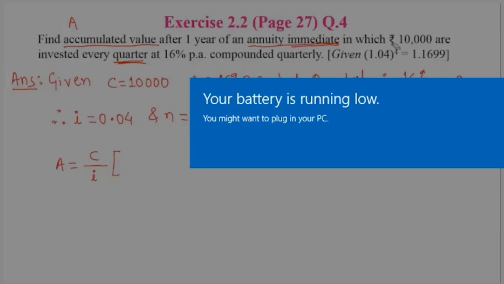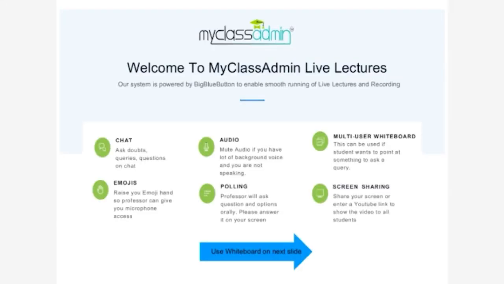Bracket raised to 4, minus 1. So that is equal to 10,000 upon 0.04, square bracket, round bracket 1.04.